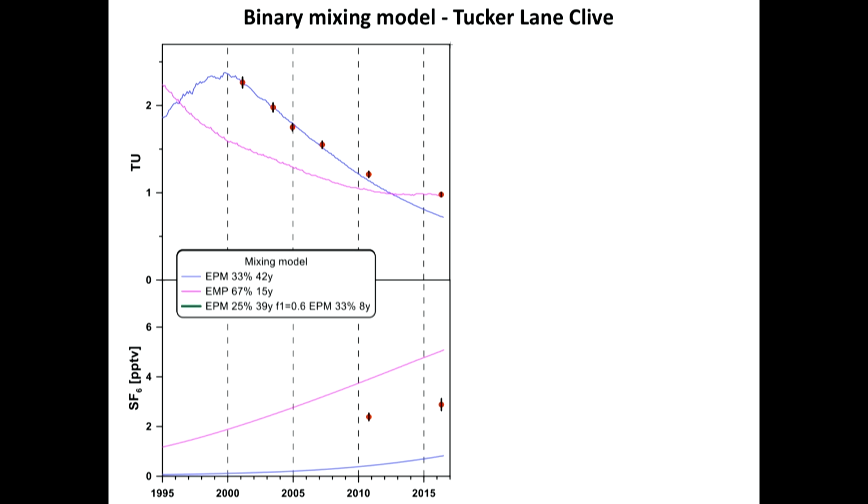So we could match this tritium decay with the wrong model, and the more recent data show that there's actually also much younger water. So the tritium is higher than it should be here.